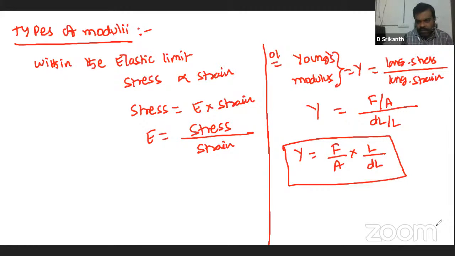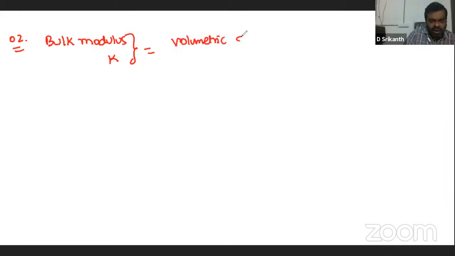Next, with respect to the bulk strain, we have bulk modulus. It is indicated by K. That is volumetric stress by volumetric strain.